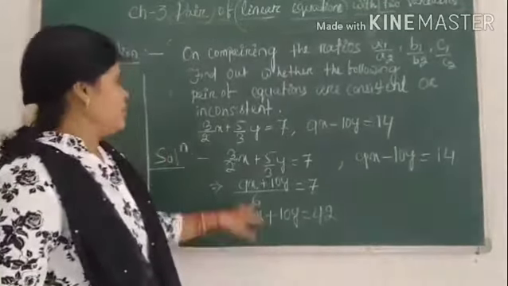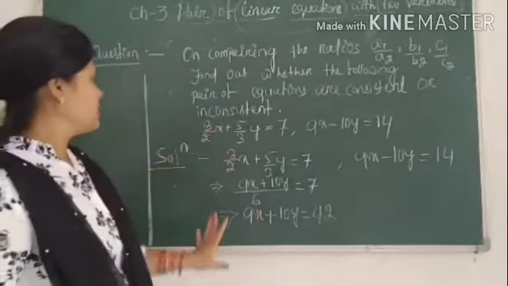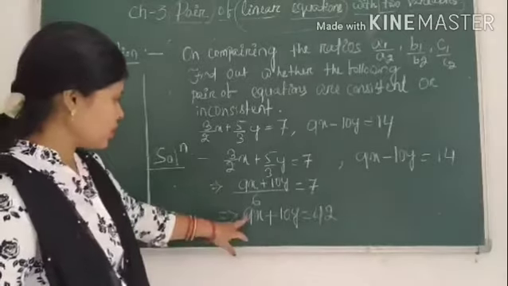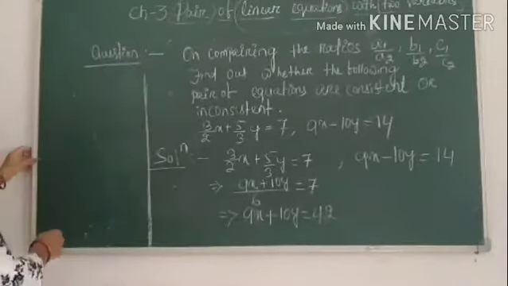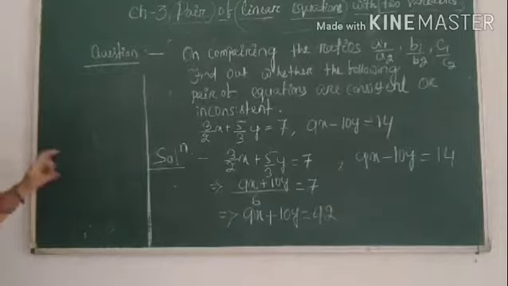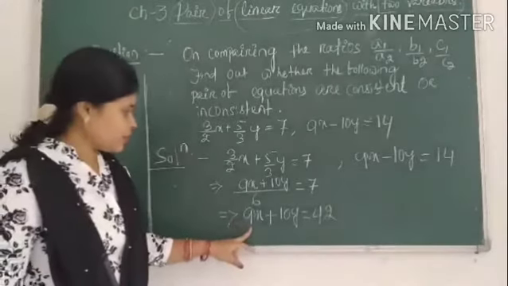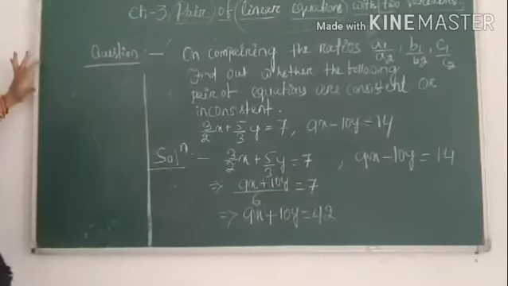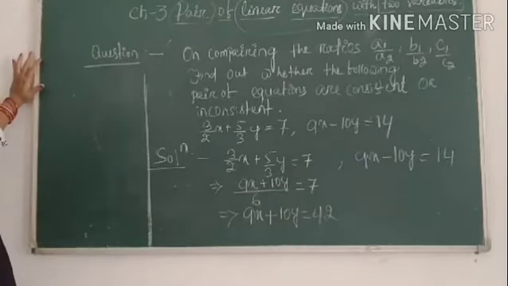Then you have to find out first a1 by a2, b1 by b2, c1 by c2. After that you have to compare the coefficients. Means you have to find out a1 by a2, b1 by b2.